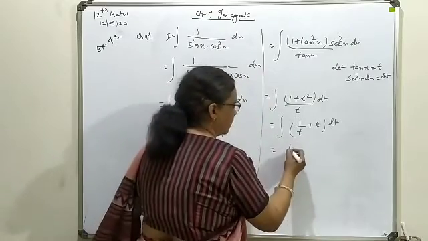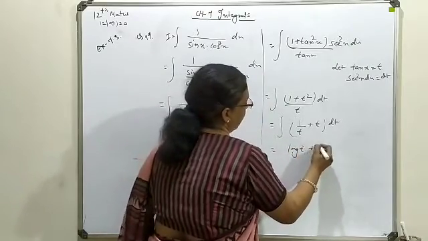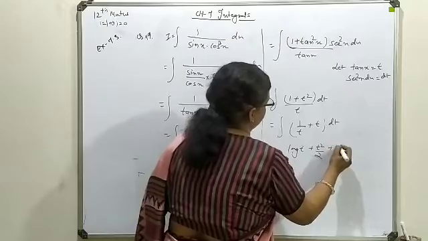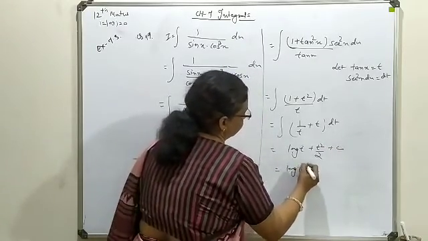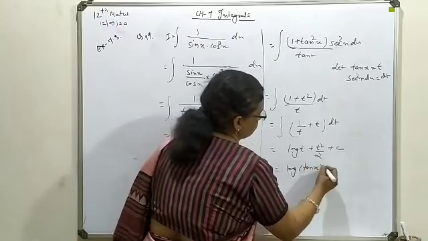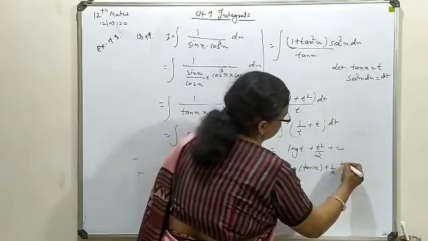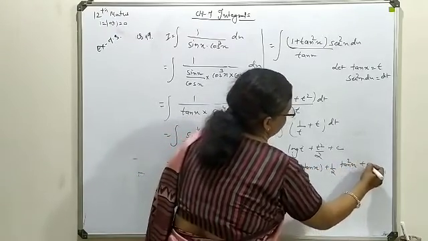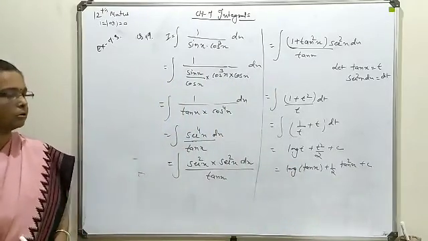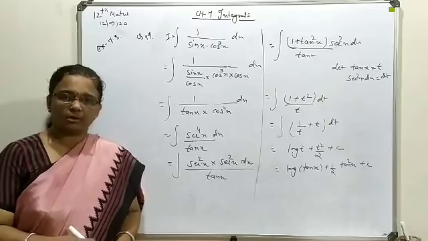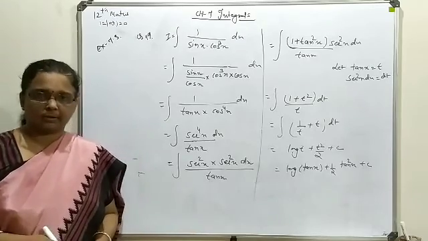Now integrate: it will be log of t plus t square upon 2. Everywhere substitute t as tan x, so this is the answer you will have in the form of tangent. So try to attempt some illustrations or the remaining questions in the exercise. Thank you.